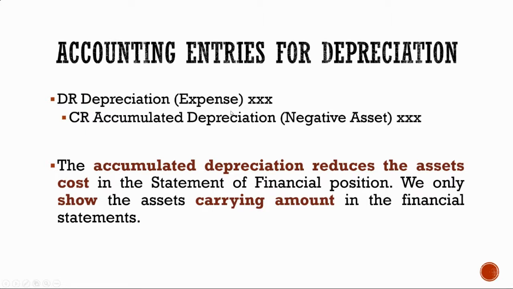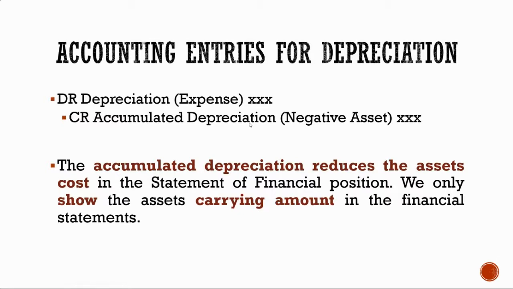When we discussed the accounting equation in semester 1, we said that expenses are always increased on the debit side. So that's why we debit depreciation, because depreciation is an expense account, and we credit the accumulated depreciation, but this is a negative asset account, so it will have a credit balance.